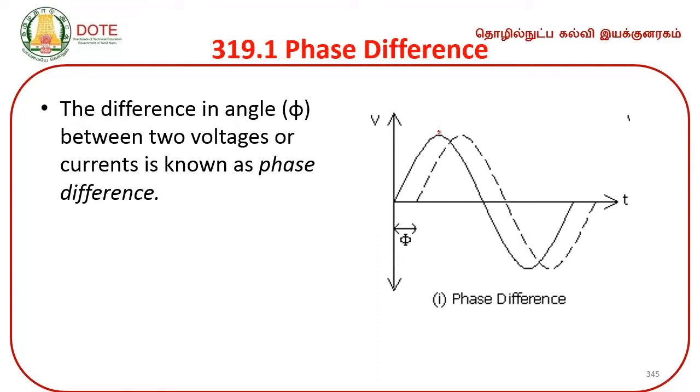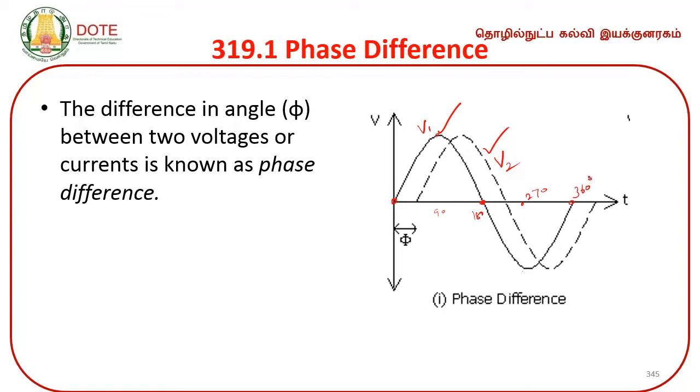The alternating voltage with a continuous line, let us assume this as V1, and the dotted line as V2. The V1 starts exactly at 0 degree, attains positive peak at 90 degree, that is pi by 2, and again becomes 0 at 180 degree, that is pi, then attains negative peak at 270 and then comes back to 0 at 360 degrees.